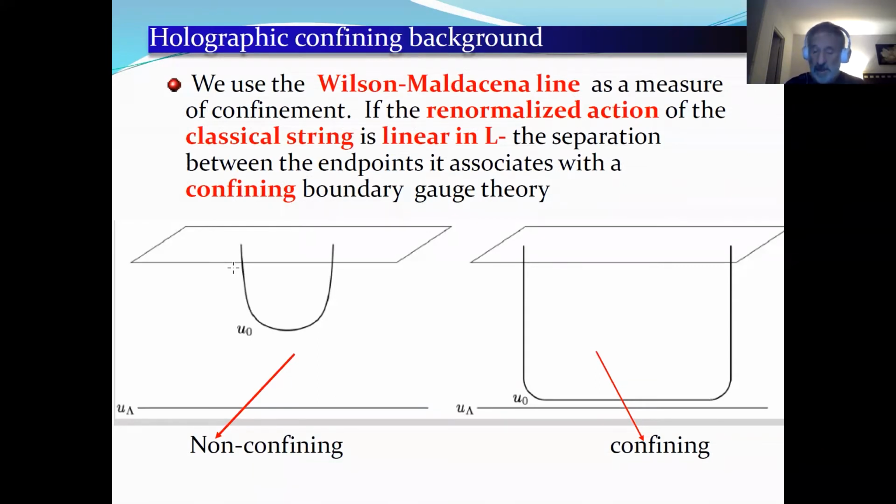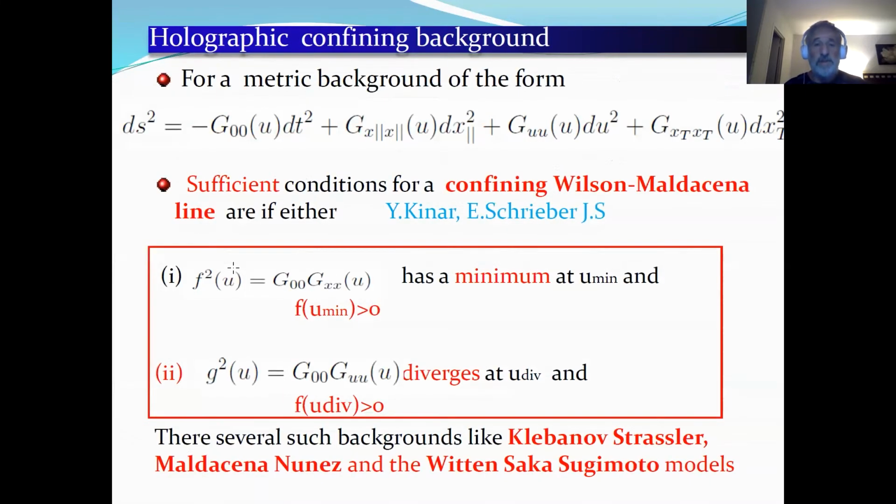Now, what is the precise definition? If we take a general background where the metric is defined, so these are the space-time coordinates, this is the holographic coordinate, and the transverse directions are all functions only of the holographic direction, then we can prove a theorem that gives sufficient conditions to have a confining Wilson-Maldacena line, in two possible cases.